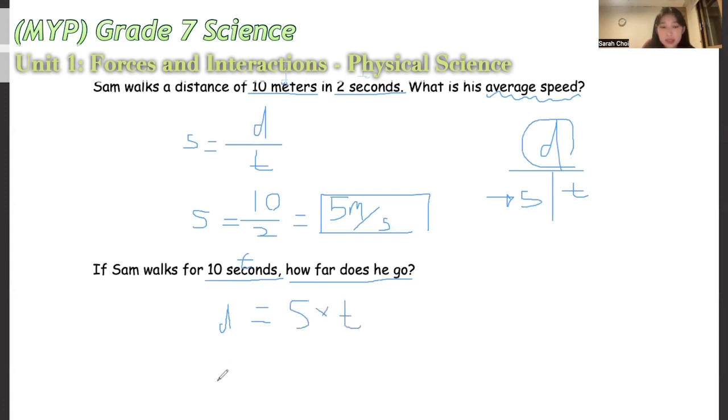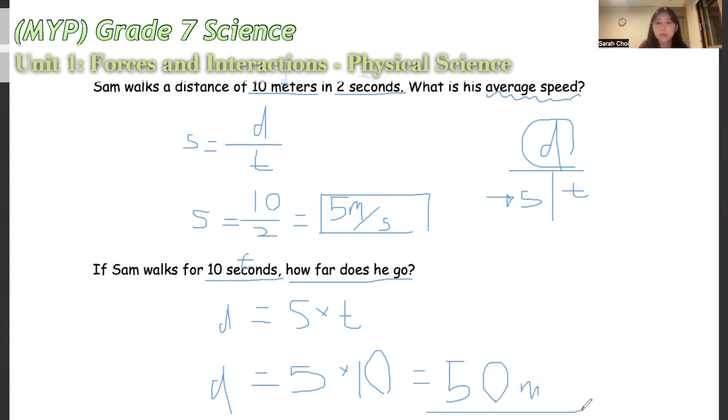So to find his distance, we would have to multiply 5 by 10 seconds, which is 50. So in total, his distance, if he walks for 10 seconds, would be 50 meters.